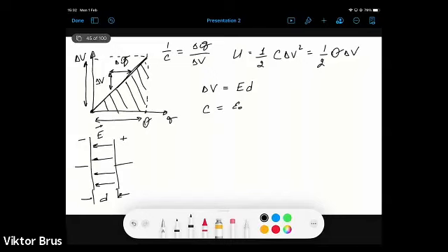It is epsilon 0 times A divided by d. So we have expressions for potential difference and capacitance specifically for the case of a parallel plate capacitor, assuming the uniform electric field between the plates. And now let us substitute these parameters here in this equation for the potential energy. So what do we get?